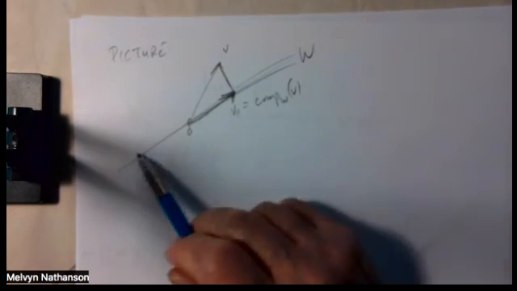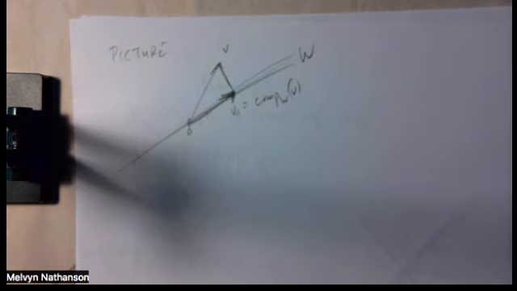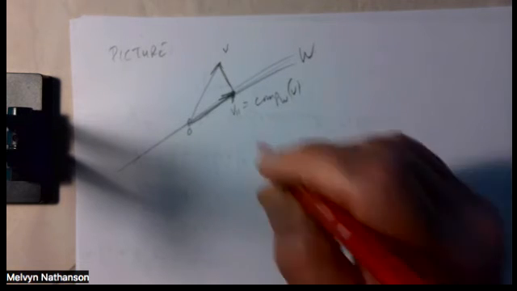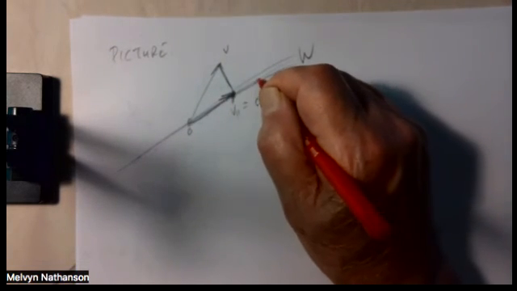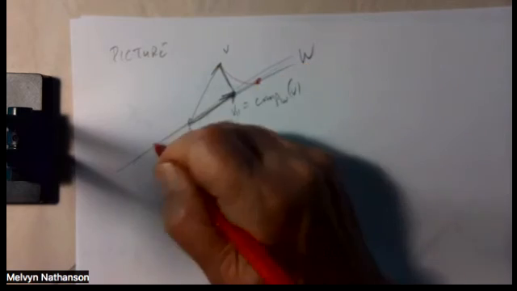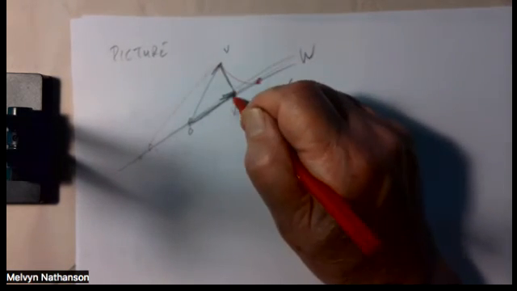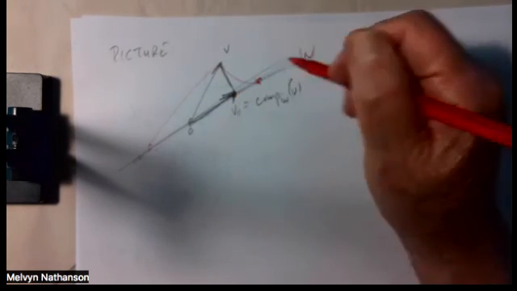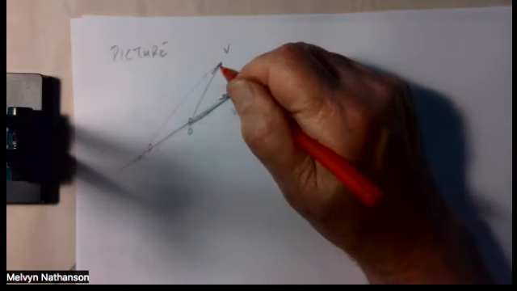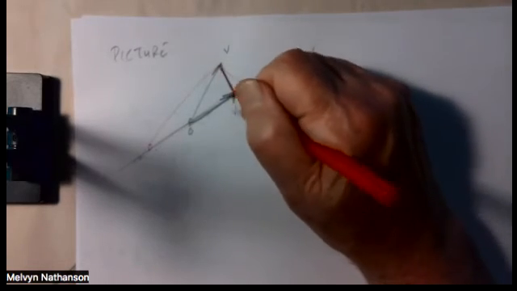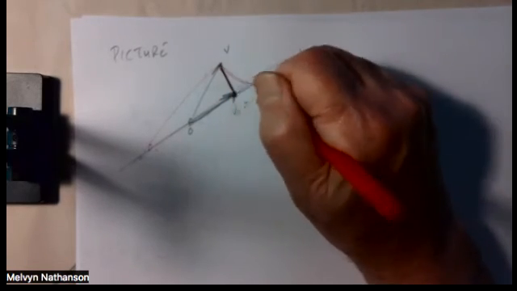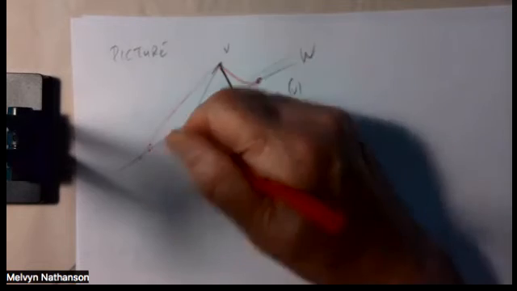And if you look at all possible vectors on this line, like here's another vector on the line, and here's another vector on the line, this component has the property that it's the vector in W where the distance to V is as small as possible. This is shorter than this line or any other line.